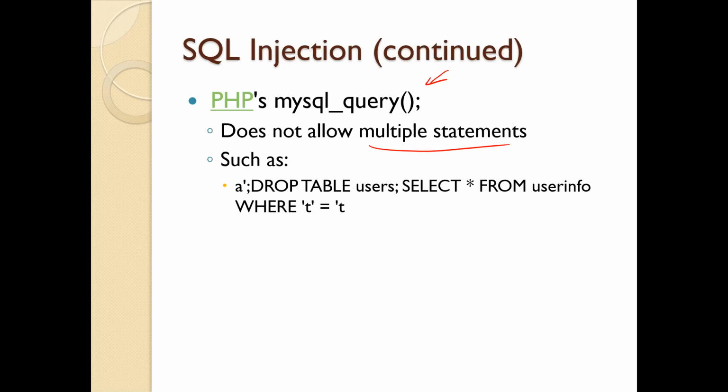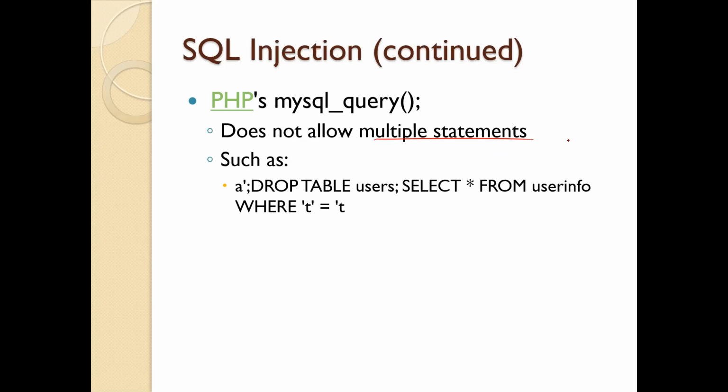There is a problem in your PDF that is kind of a trick question. It'll ask you to run two queries, right? But if you don't know this, you might not understand why it's not working. You can run SQL queries in different ways, but when you run mysql_query, it does not allow multiple statements.